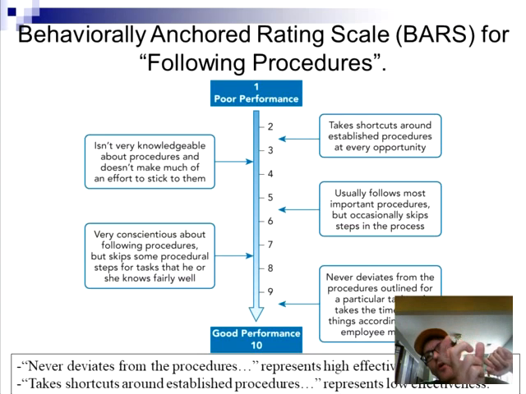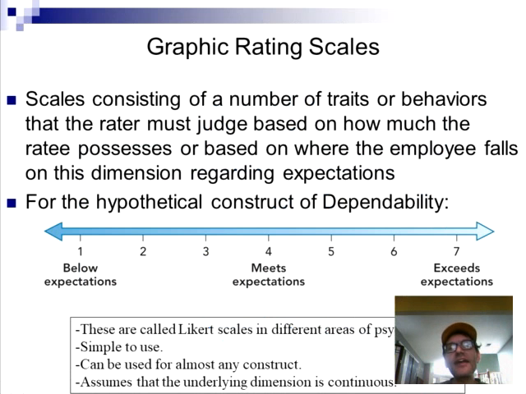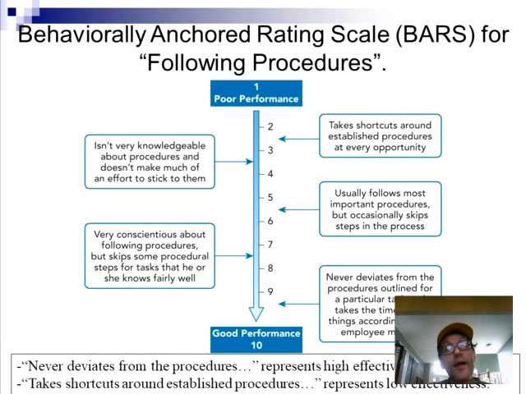Instead of being a behavior, if the paper looks like this, then it's 10. If it looks like this, it's a 7. And so it's a way to basically take advantage of the beauty of a graphic rating scale, its ability to measure any construct, but to do it in a way which is often seen as more fair.